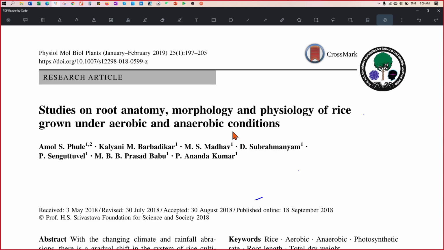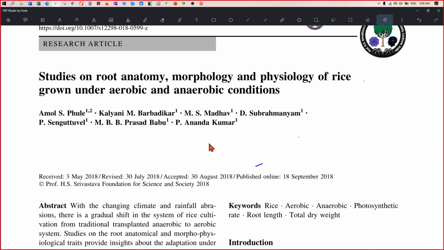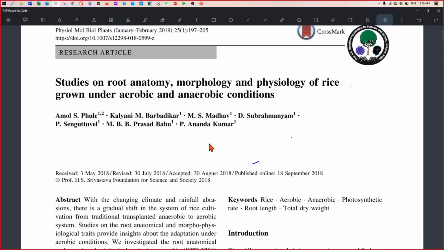I suggest from now on, because some of you are doing final year projects, some of you are master students, you need to become familiar with this kind of article. This is a journal article, a research article. Okay, so let's get started.